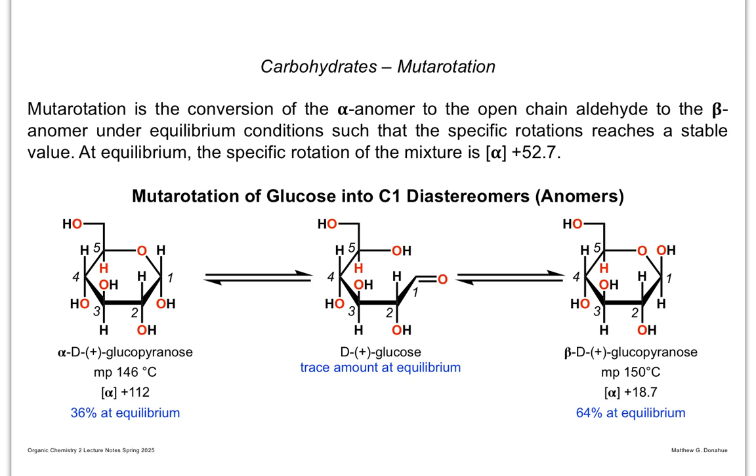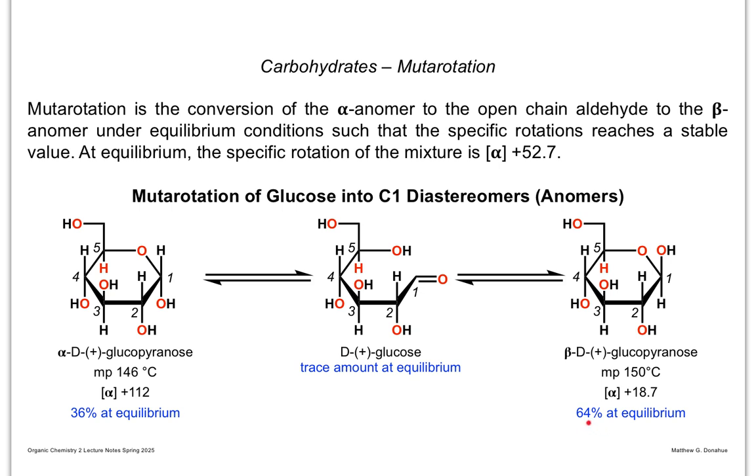So how do we know that these different forms exist? Again, it gets back to the polarimetry experiment. So if you take glucose, dissolve it in water, it's going to set up an equilibrium where these three structures are present. At equilibrium, you only have a trace amount of the open chain or acyclic form.